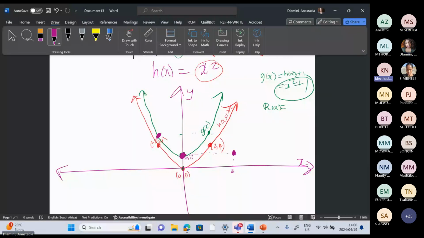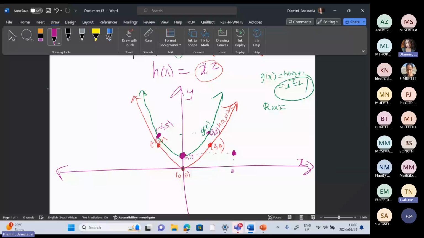We didn't write these values, guys. We said from here we shifted it up, so this became -2 and 5. We need to write the point so that we can do the shifting. Remember, it went 1 unit up.